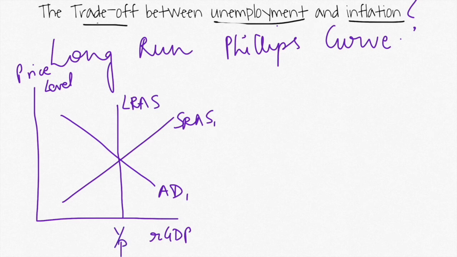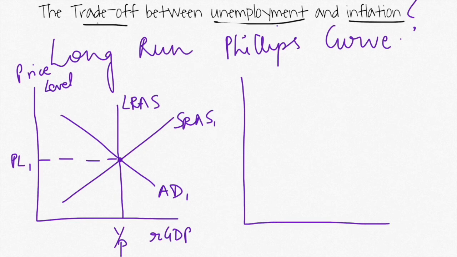All right, and at this starting point, YP is the real GDP as shown by the x-axis, and PL1 is the price level as shown on the y-axis, right? And at the same time, side by side, I will draw the Phillips curve.